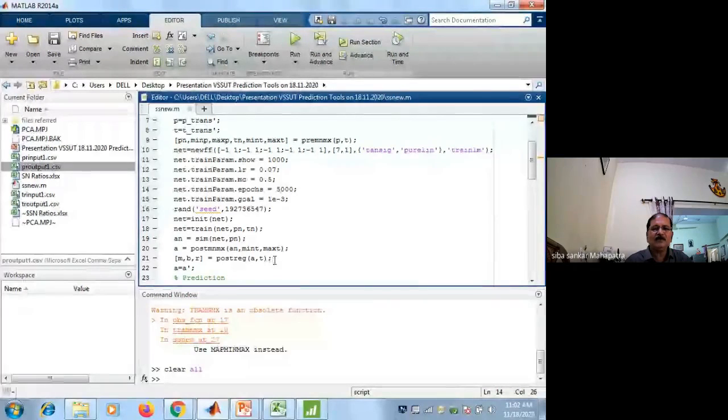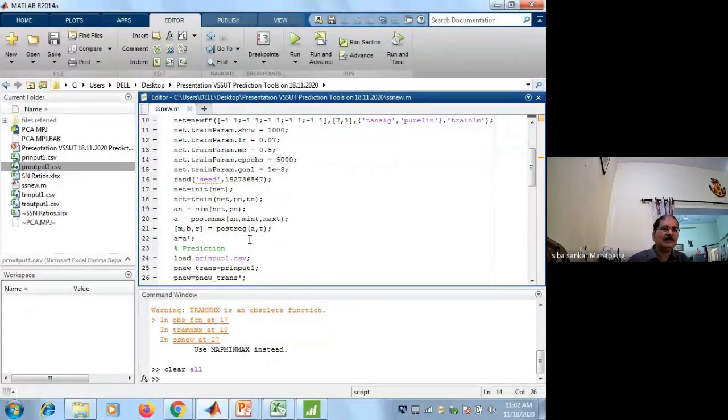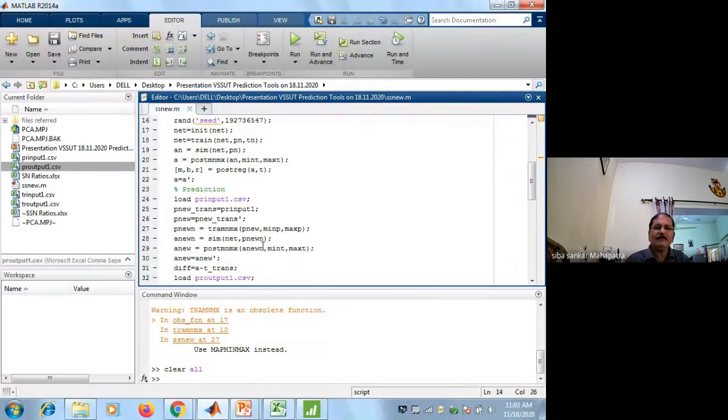Then also find the regression equation: the training output you had given and what is predicted from the neural network. Between these two you develop a regression model.